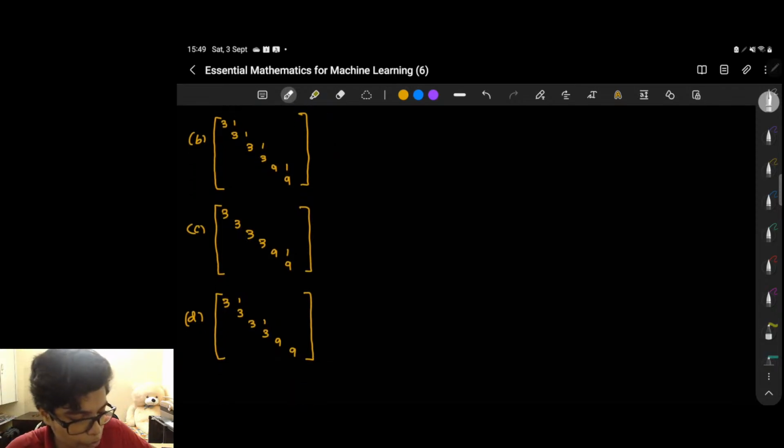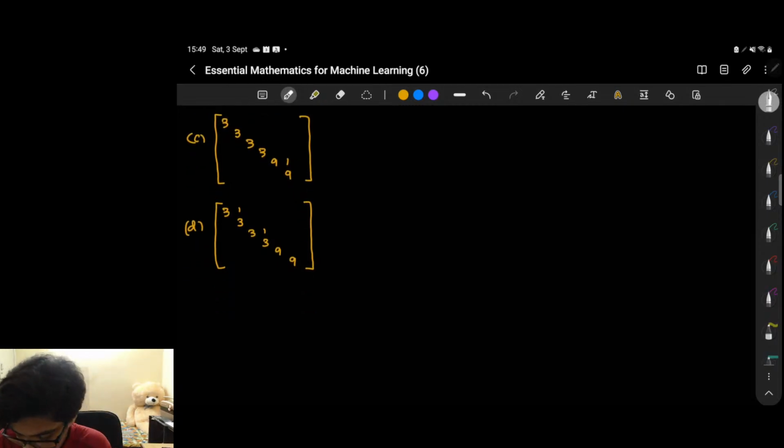So let us now figure out how to find the Jordan canonical form. In Jordan canonical form, we have a matrix A which is n cross n, and we need to find out how.